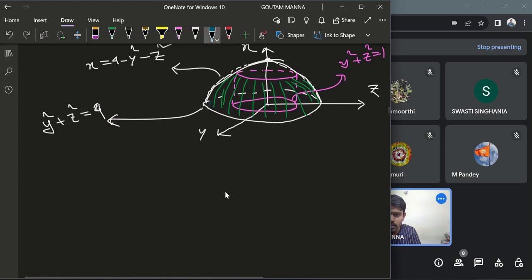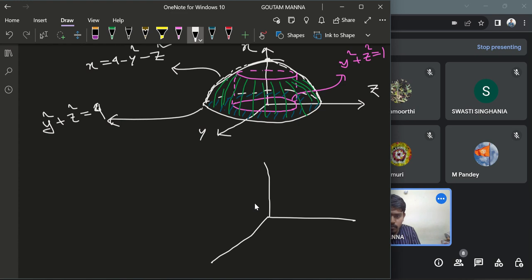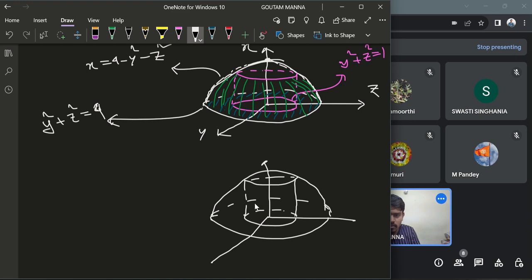Let me put another notation for this ring. The picture should be clear. If the picture is not clear, please let me know. This is the x, y and z.